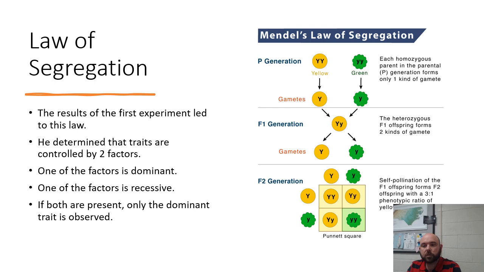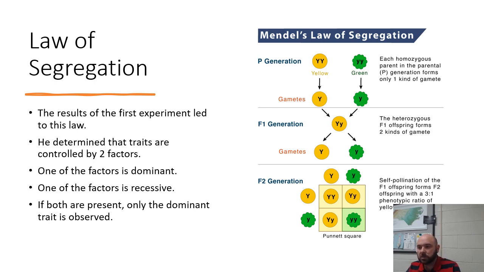So Gregor Mendel, after observing the results of that first experiment, proposed the law of segregation. He said traits in an organism, for instance flower color, have to be determined by two factors. To have the observation that I've made, that means there are two checkpoints in an organism that determine that trait.